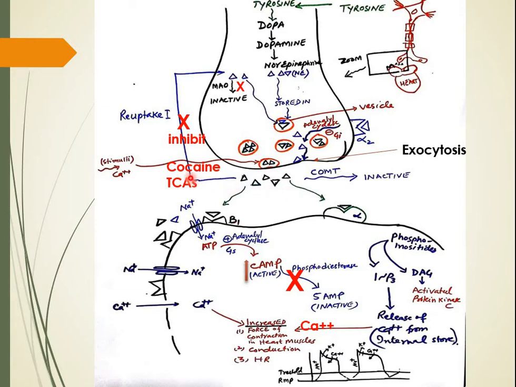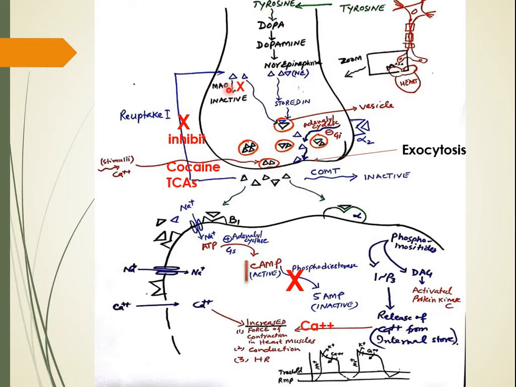Now coming to this side, there is the reuptake mechanism, which means that once the level of norepinephrine is high at the synapse, it will be taken up through the reuptake 1 into the presynaptic nerve endings, and this is the presynaptic nerve ending where now this free norepinephrine is.